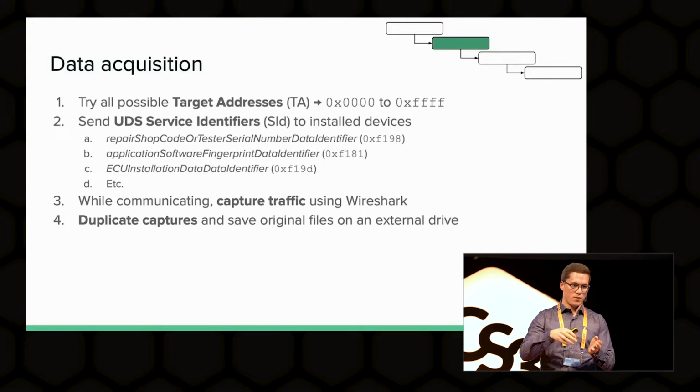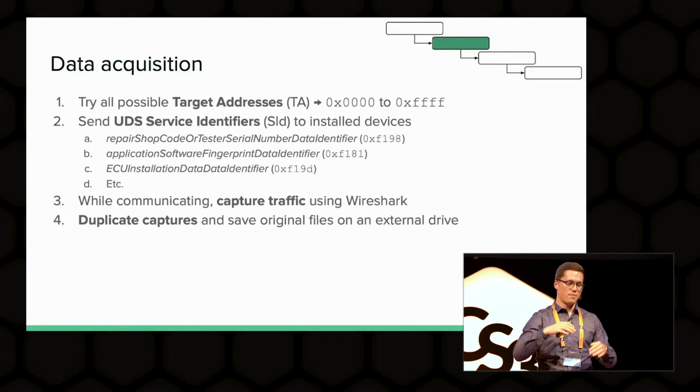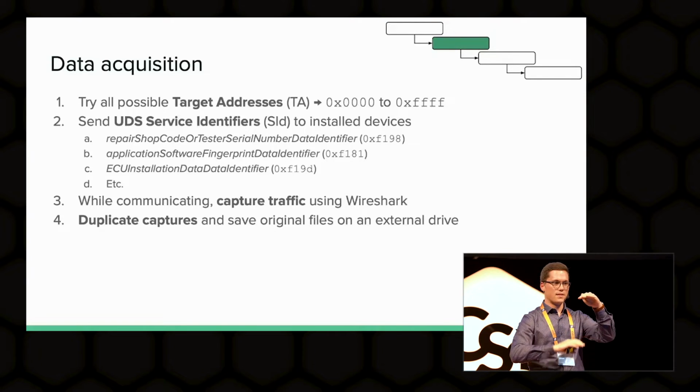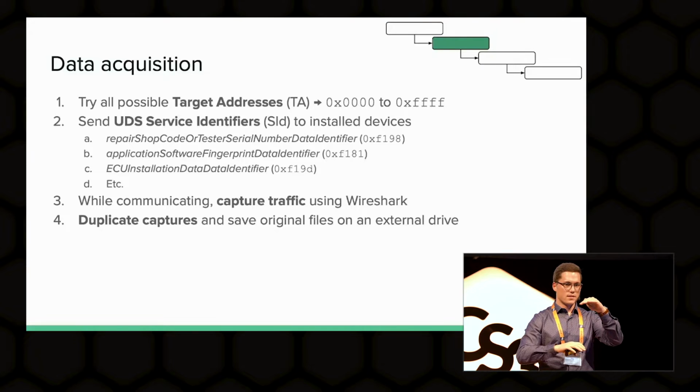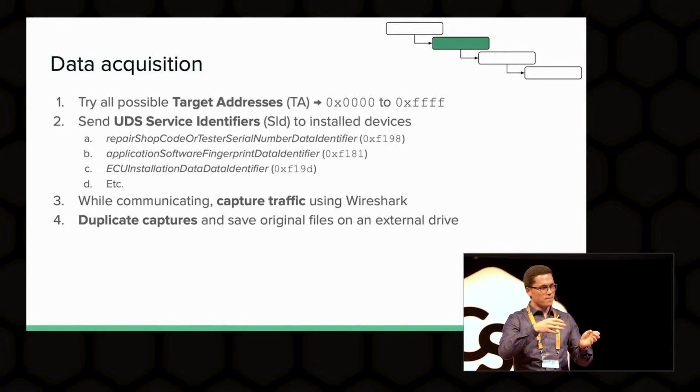So what we do is we use the UDS protocol to check which target addresses, so which destinations and which devices, are installed within a vehicle, and we iterate over all possible target addresses. Afterwards, we have a list of different installed devices, and we can use this list to send multiple UDS service identifier messages to those and acquire data.